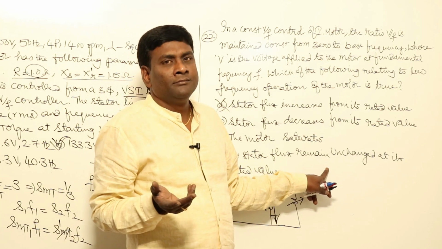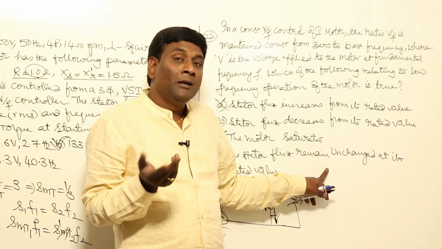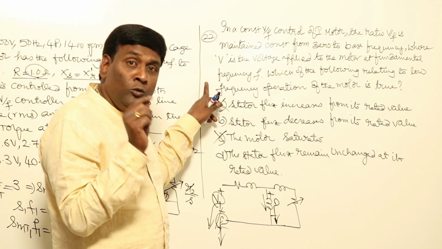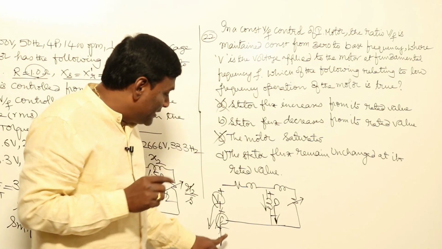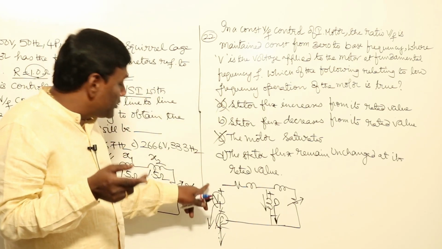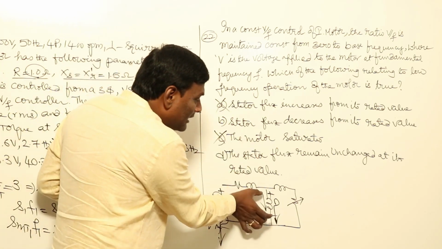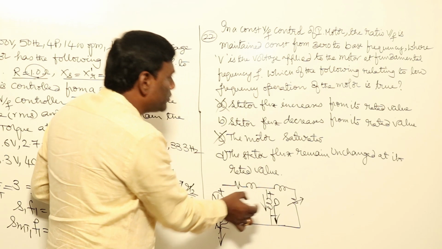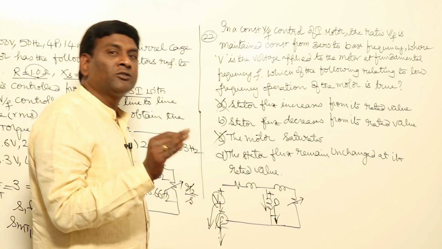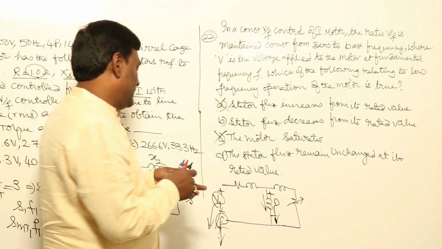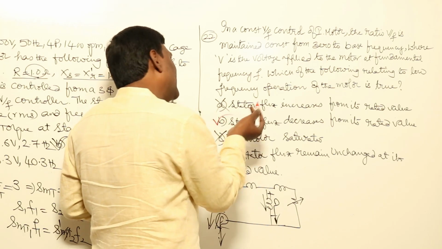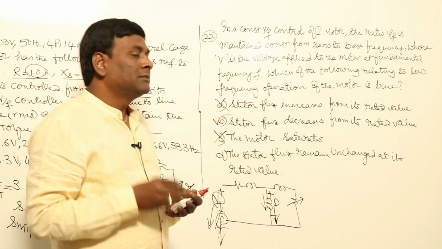Yes, unchanged. But specifically they asked about the very low frequency range. If you maintain the V by F ratio constant at very low voltage, the drop will be a maximum percentage, and under those conditions the flux will be reduced. So by asking specifically about low frequency, they expect you to analyze it this way, and the stator flux decreases.